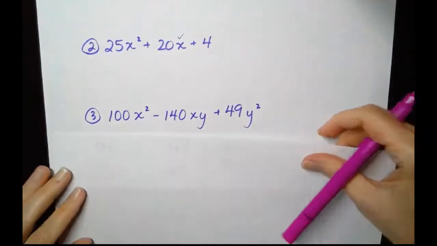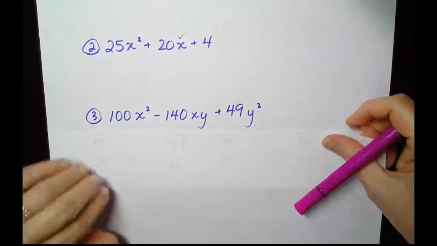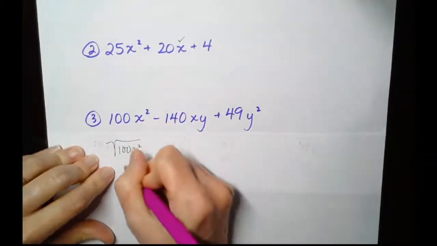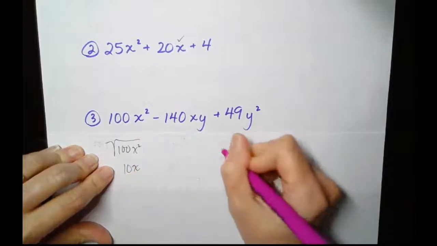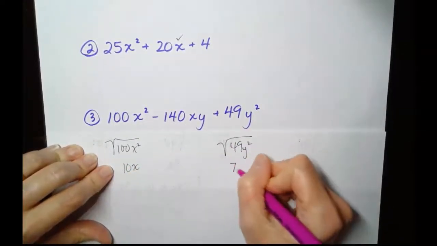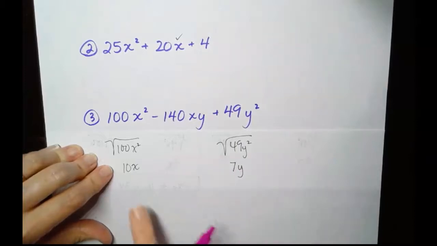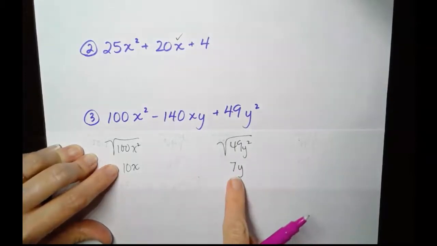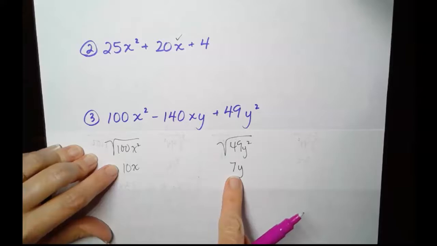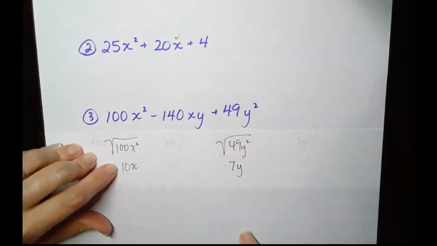Lastly, number 3. The square root of 100x squared is 10x. The square root of 49y squared is 7y. And 10 times 7 is 70, and 70 times 2 is 140.